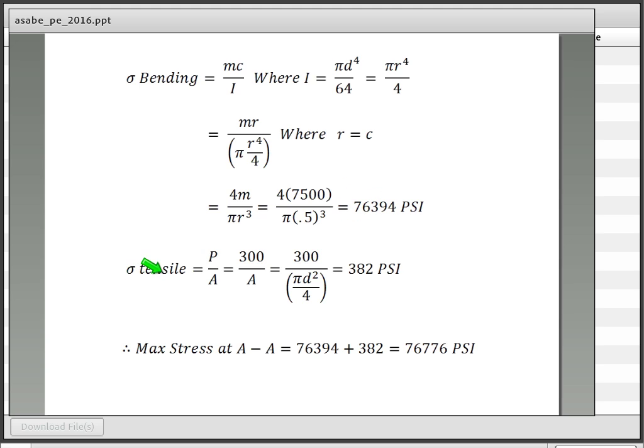And then in addition to that, we have an axial load in that axle because of that 300-pound side load. That amounts to 382 psi. So as far as the tensile load on the outer fiber of that axle, it would be the bending stress plus that tensile load, which gives us a combined stress of in the neighborhood of 77,000 psi.